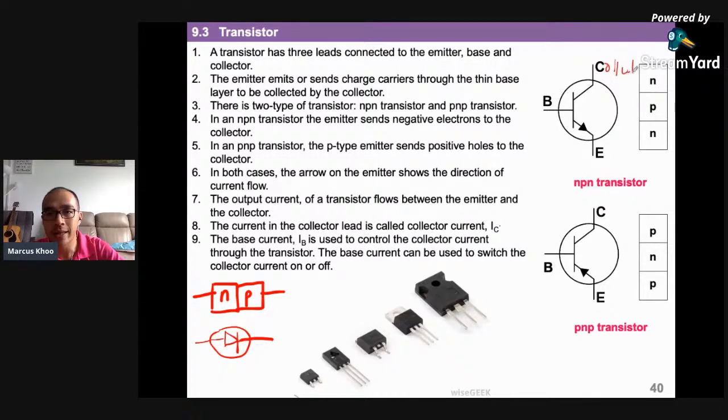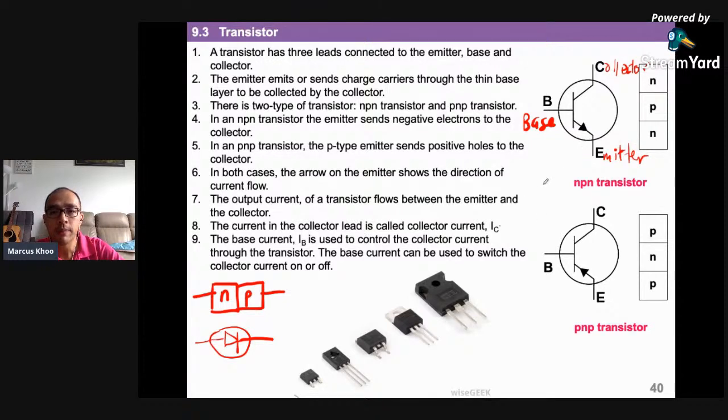B is for base, and E is for emitter. In Bahasa Melayu, this is pengumpul, this is tapak, and this is pemancar. Collector, oh dear, my handwriting. Collect as in mengumpul. Pengumpul, tapak, and pemancar. Collector, base, and emitter.